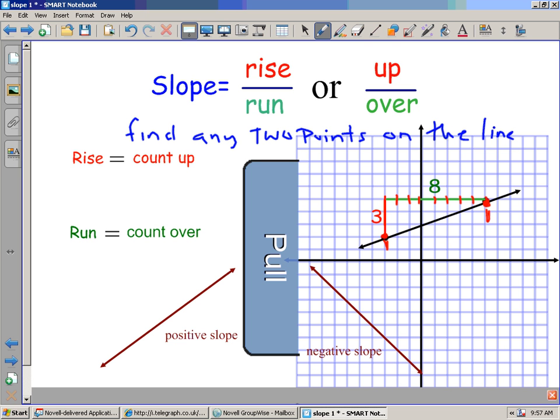So the slope for this would be, this is how many I went up, this is how many I went over, or my rise over the run. Okay. So this line would have a slope of a positive 3/8 because it's slanted to the right.